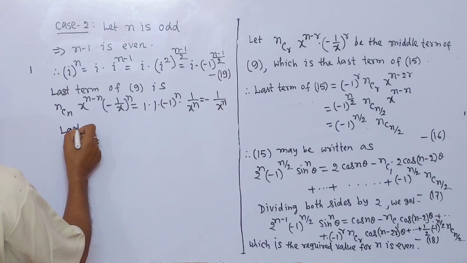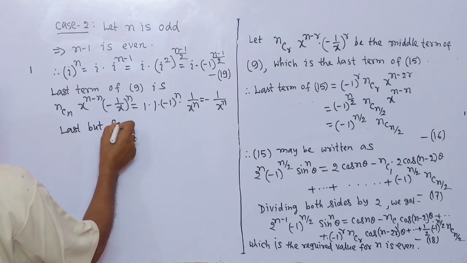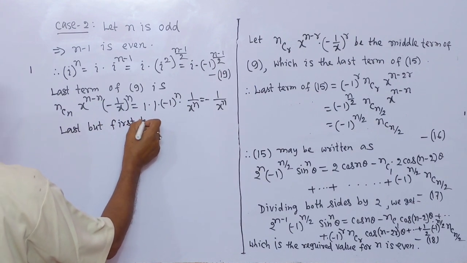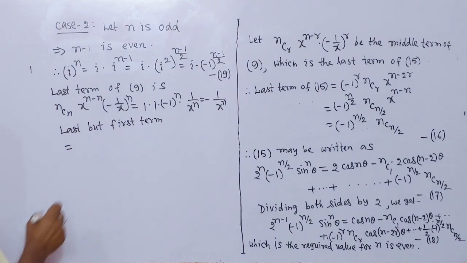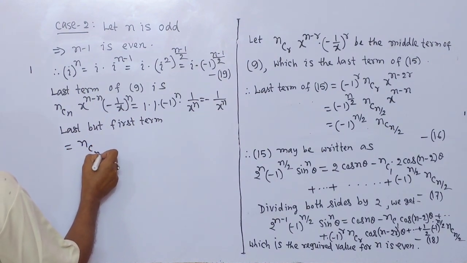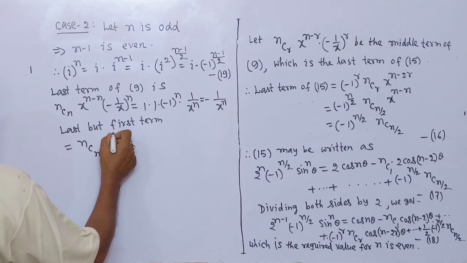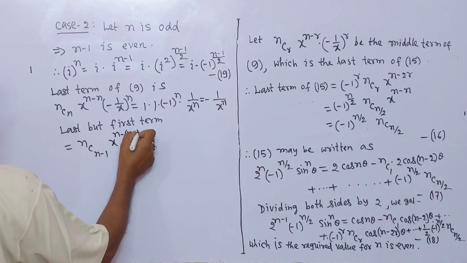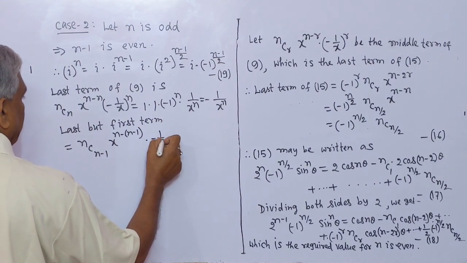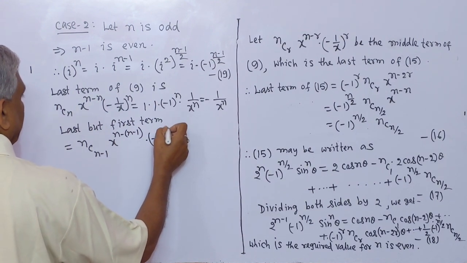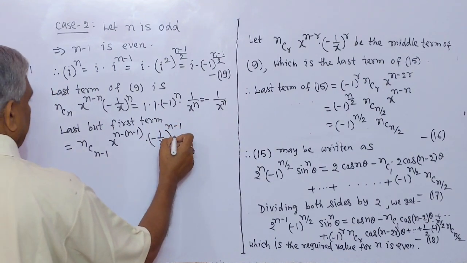Last but first term equals nC(n minus 1) x to the power n minus 1 multiplied by (-1 by x) to the power n minus 1, and this is equal to nC1.